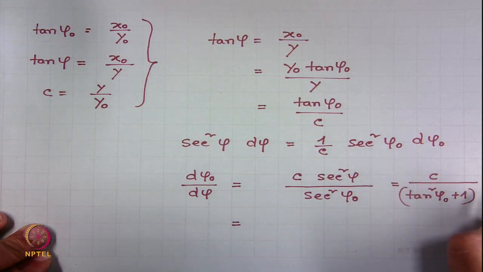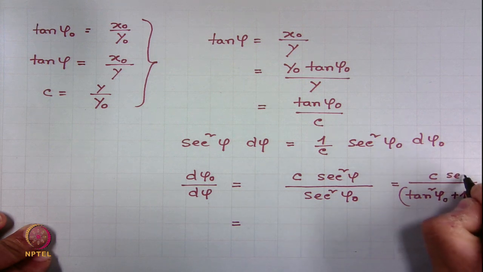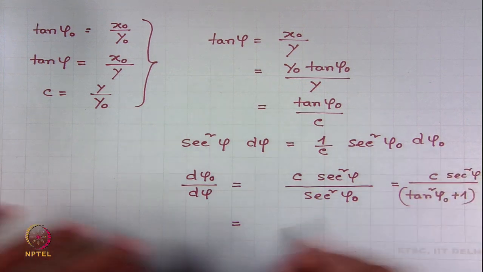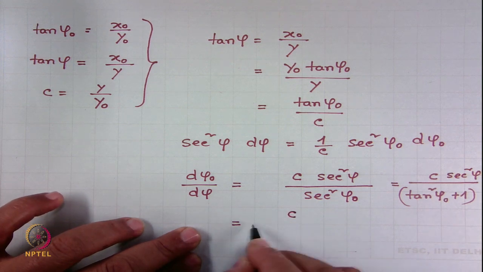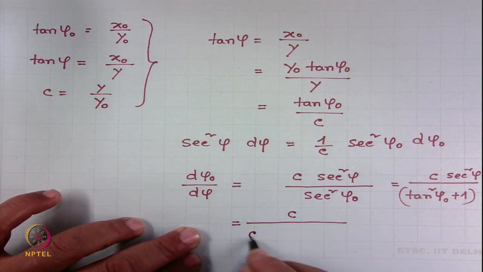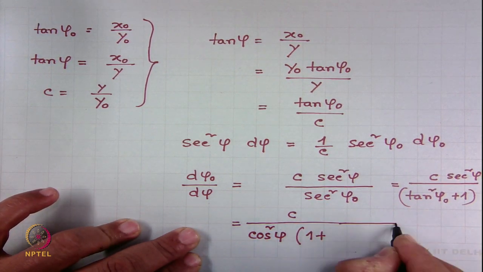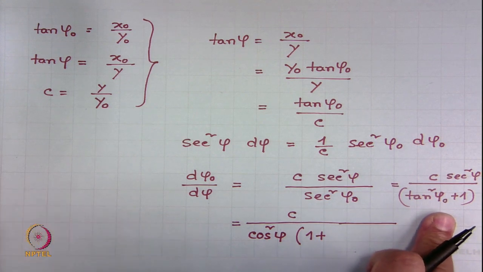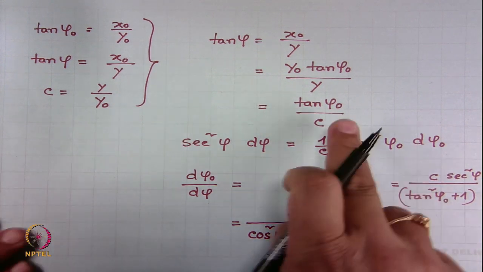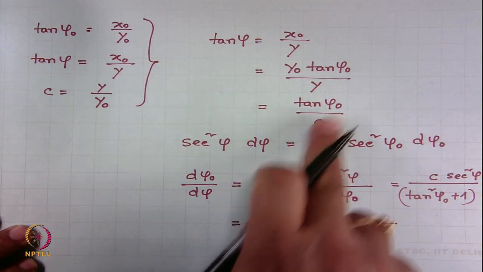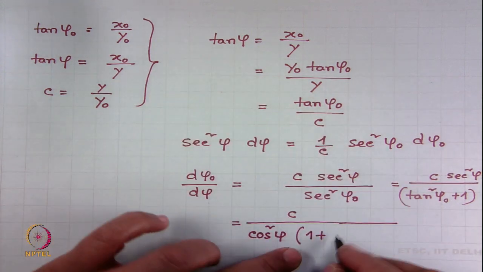So, C by cos square psi into 1 plus tan square psi naught. Tan square psi naught is C square tan square psi.